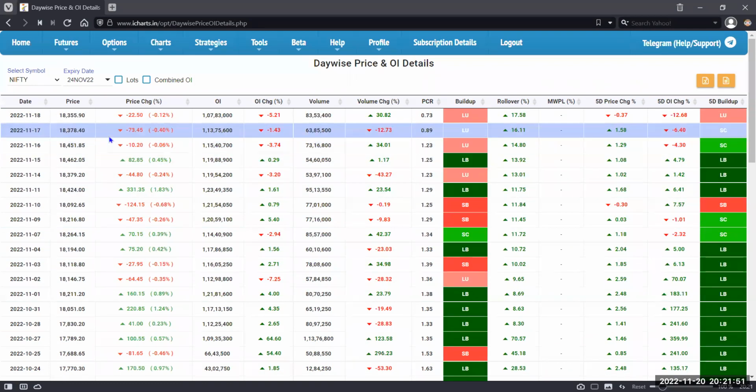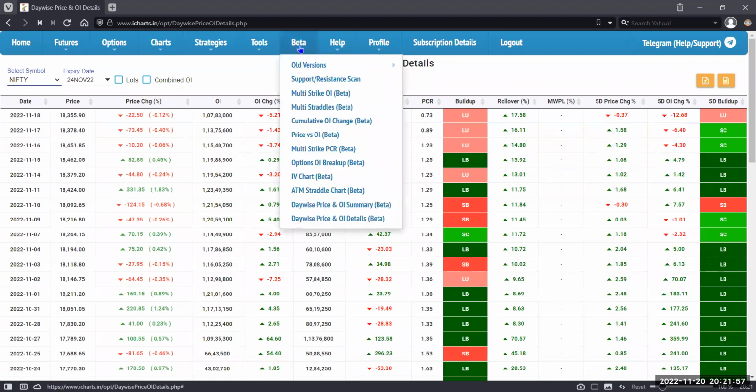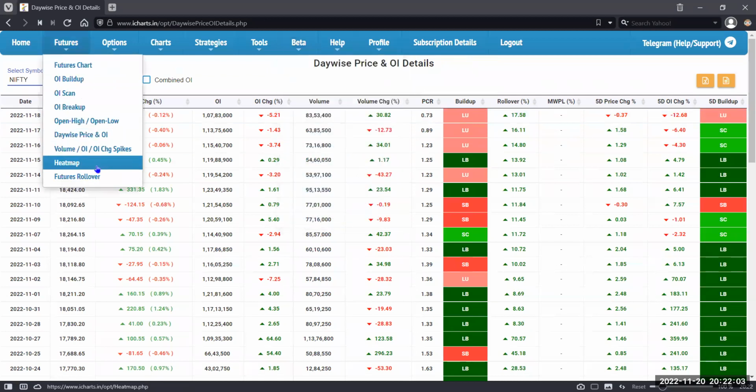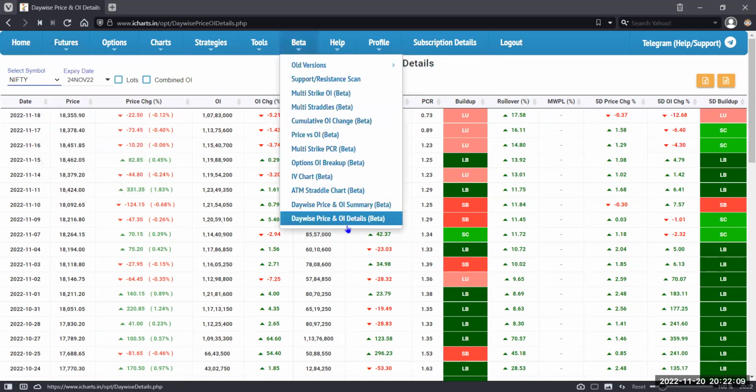But this is only for a single symbol. So what we have done is we have added this recently, and we have given it for testing. We'll be moving it to this menu very soon. And this also we have changed a little bit and have given it over here. These two are linked.